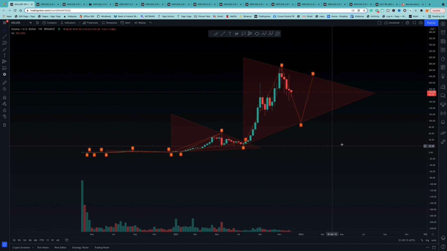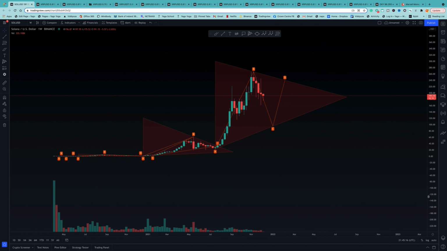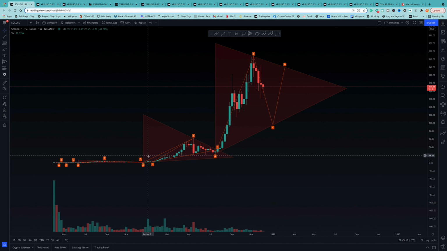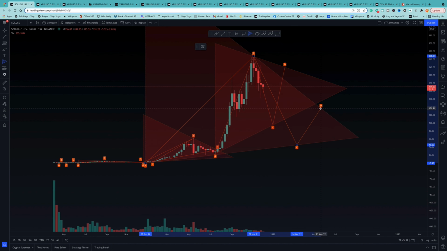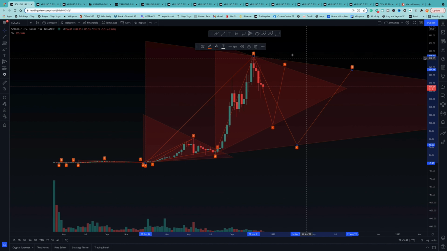Okay, so now on the weekly, I would suggest there's another. Look at this Elliott wave. Look at this here. If we put, again, a bottom here, a top here, and a bottom here, and a top here, and we're going to make this one purple, because my weeklies are purple.